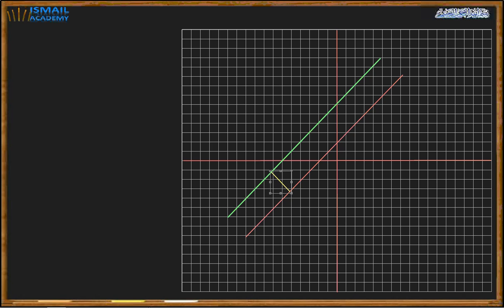Now look at this. If I choose two lines which are not parallel, for example this line and that line, and I try to find the shortest distance between those two, for example this is the shortest distance.